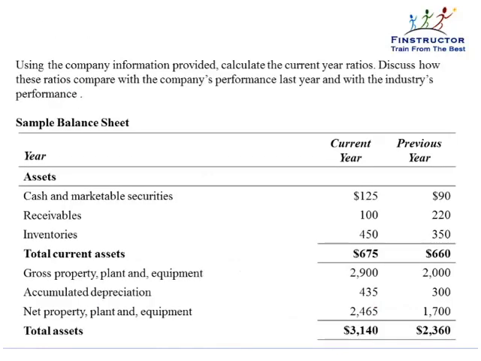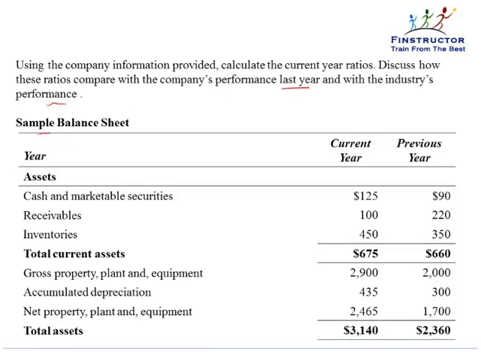So we'll do an example and understand these concepts and ratios better. So using the company information provided below, calculate the current year ratios, discuss how these ratios compare with the company's performance last year and with the industry's performance.